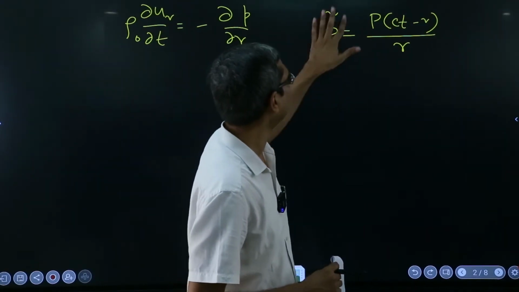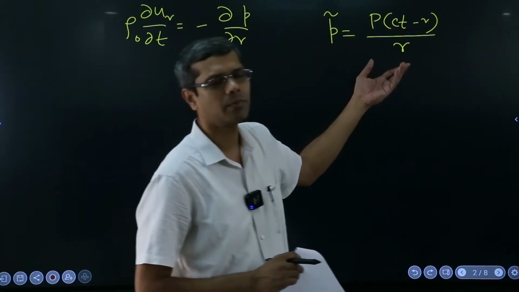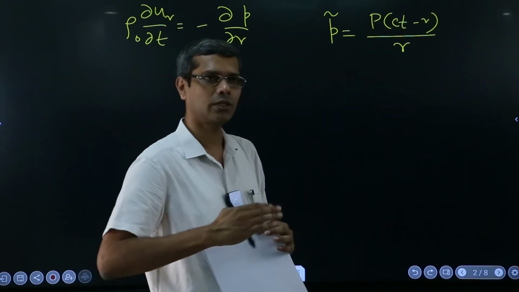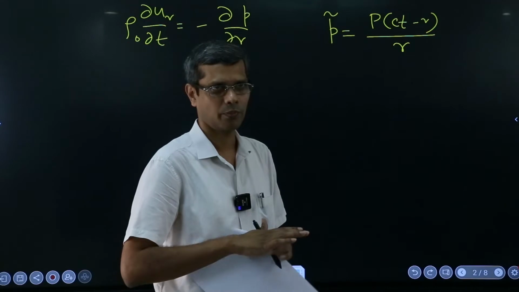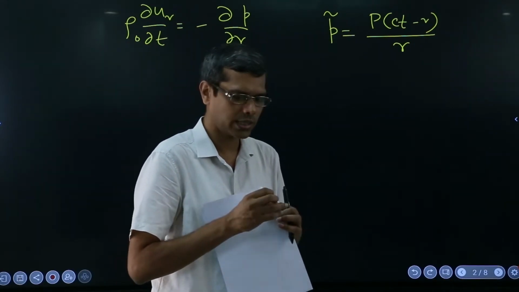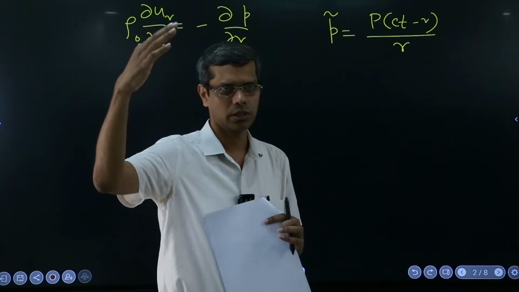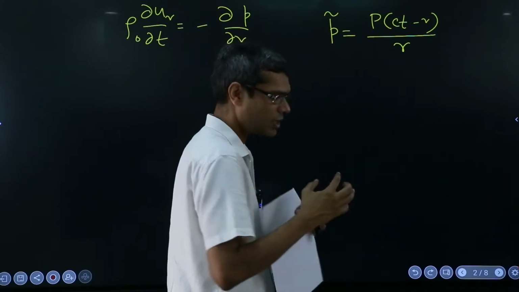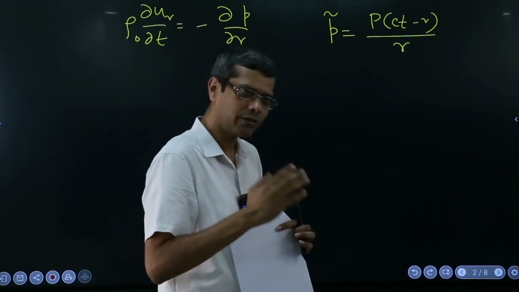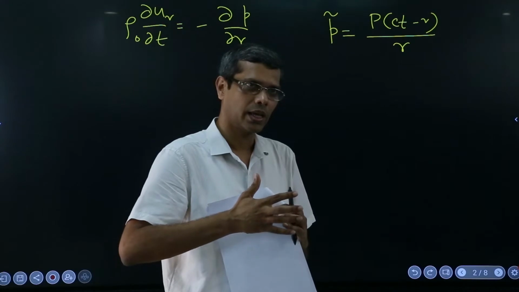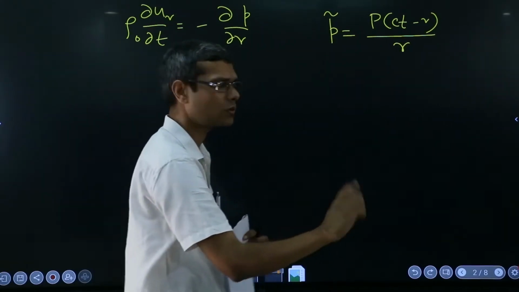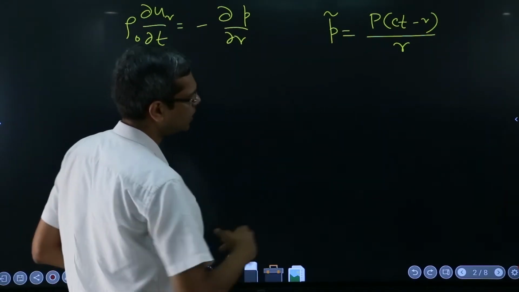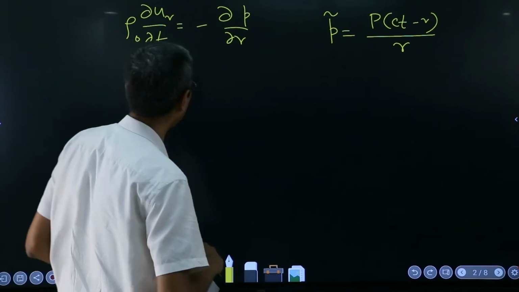Then you can predict p just by multiplying by the 1 over r factor, because the shape is decided at the source. Anything generated there just goes out, nothing comes back; it is a completely radiated condition. So the shape of the pressure wave is given at the source itself, and then it gets diminished with this function. That is what we are trying to see now: what the p depends on.